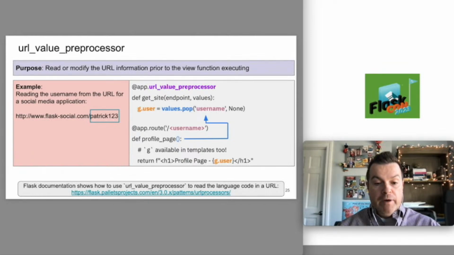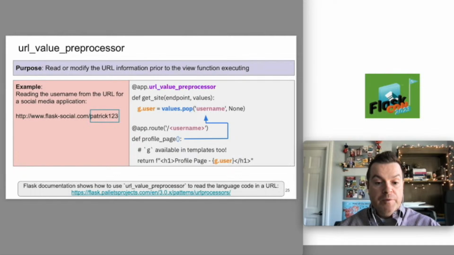So the route has a variable called username. And if you create a function that's decorated with the url_value_preprocessor, you can actually pop that username from the list of values and store that using g, so kind of global data.